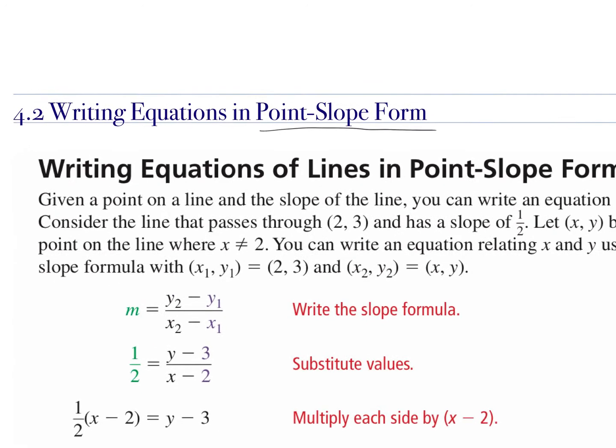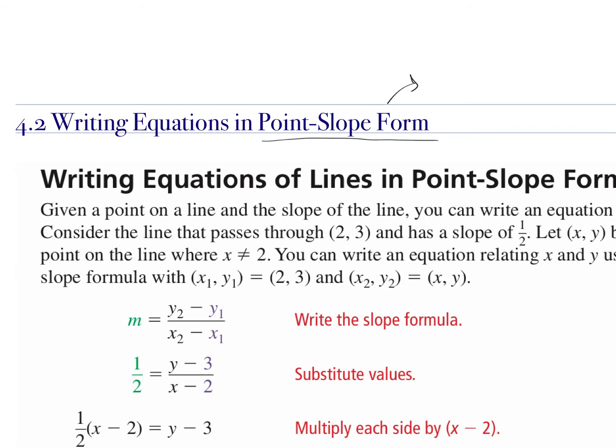We use point slope form, and write this down, when we are not given the y-intercept. Okay? When we don't know the y-intercept, we are going to be using point-slope form.